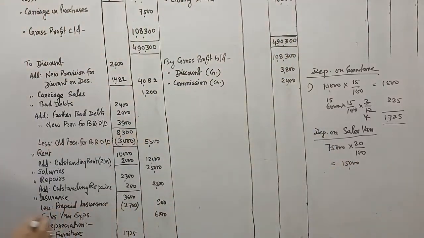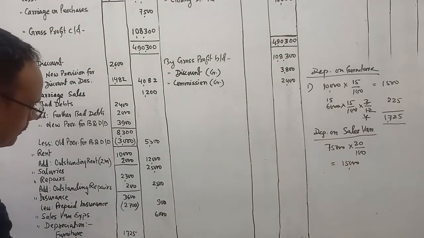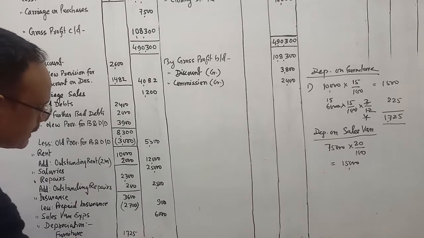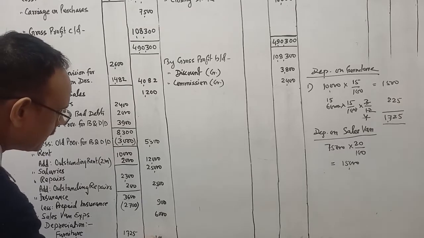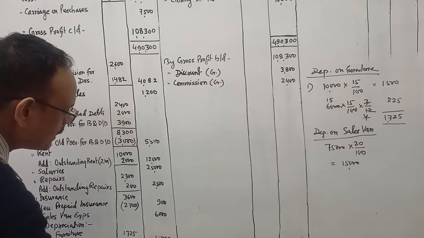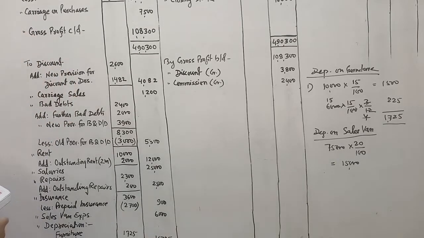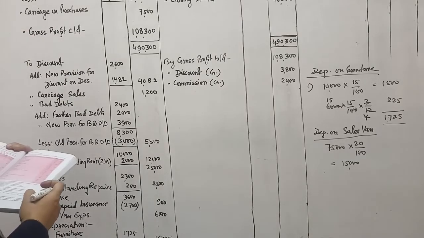Depreciation is 15,000. So total depreciation is 16,725.